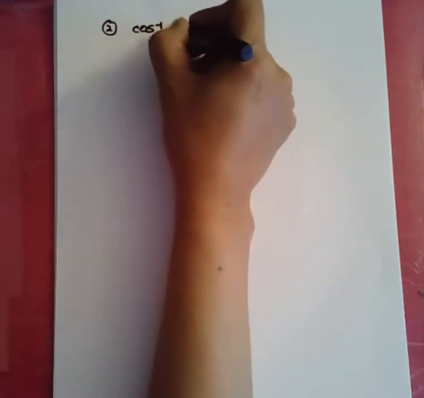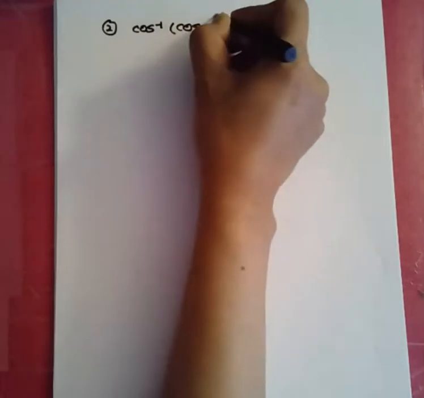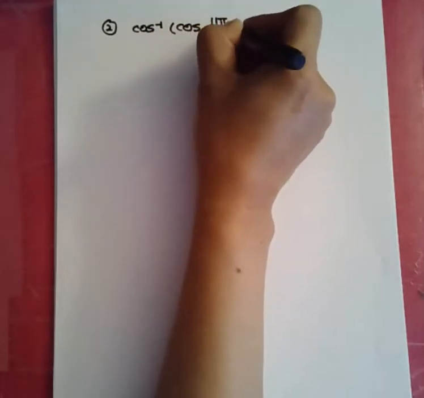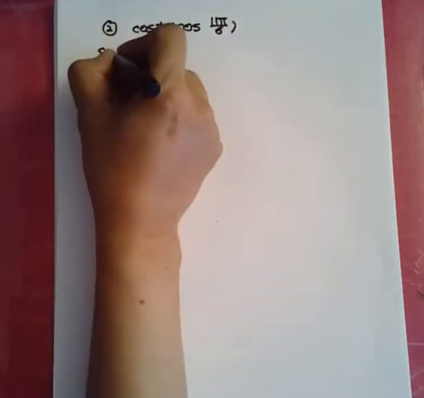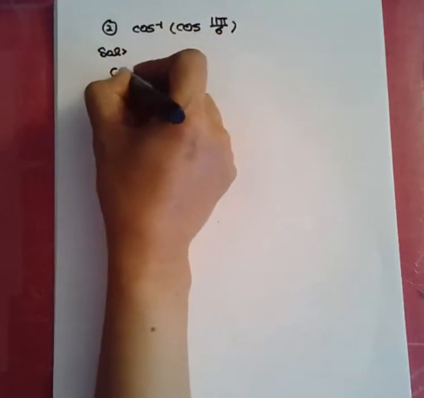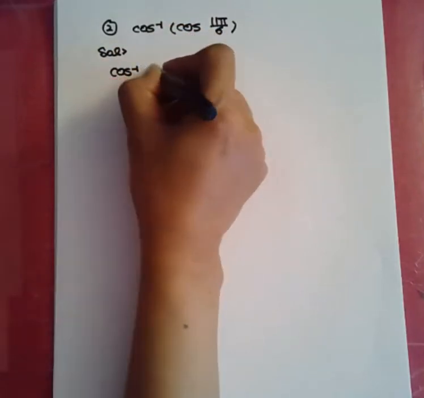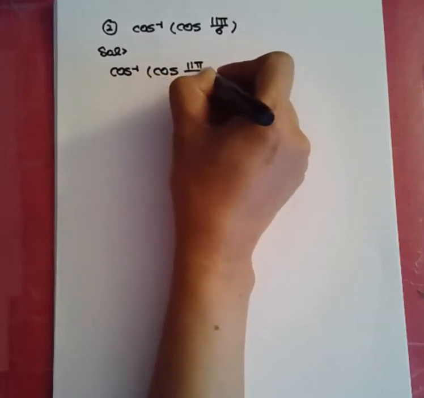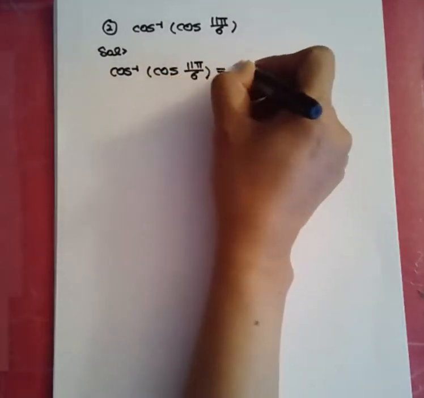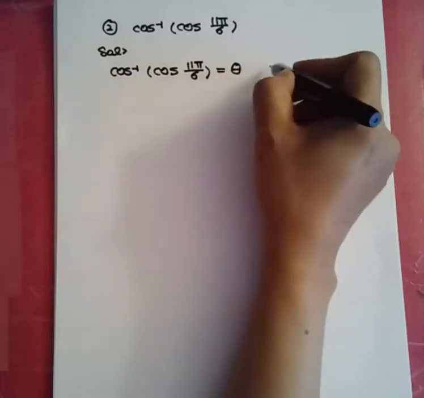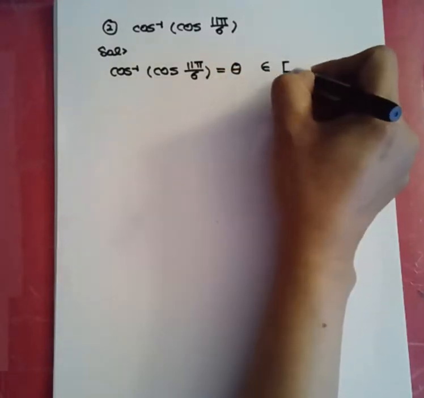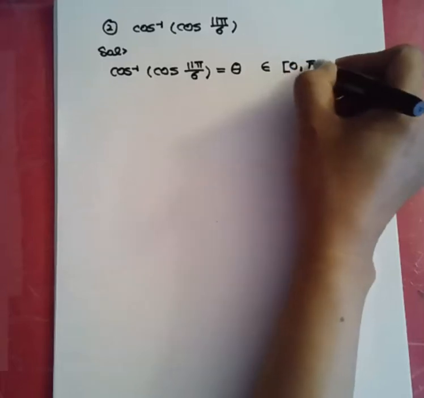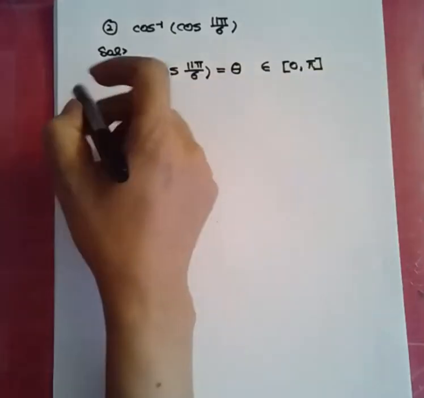Next: cosine inverse of cosine of 11 pi over 6. That equals, again, the angle theta in the interval 0 to pi.